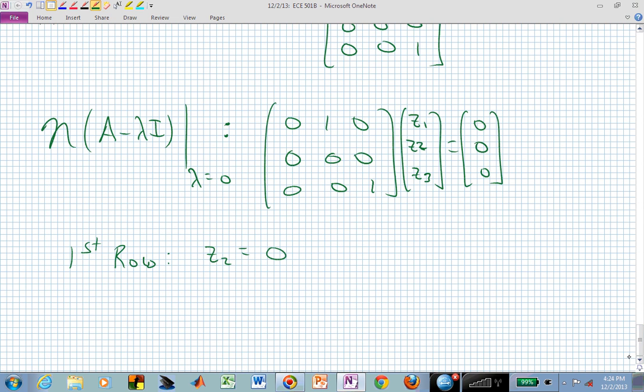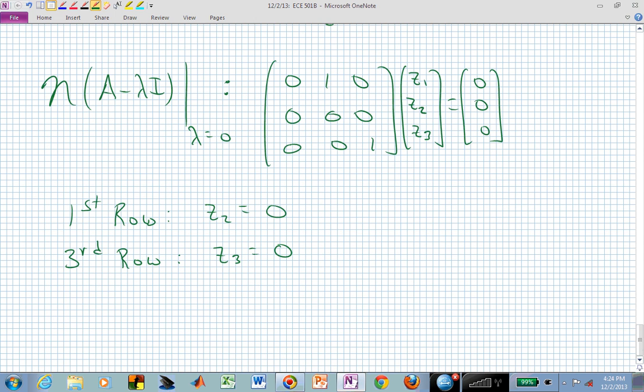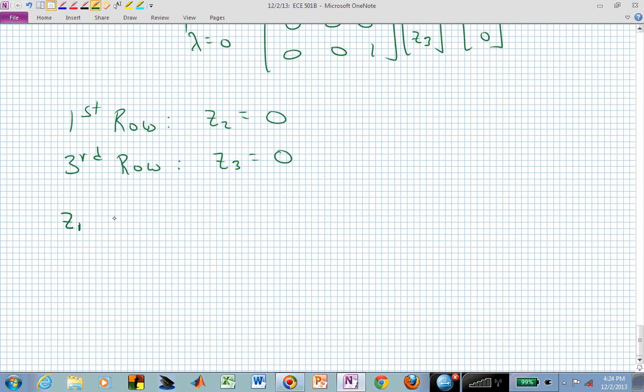If we look at the third row, z3 is equal to 0. What about the first coordinate? If we look at the first column of this A minus lambda I, it's all 0, so z1 could be anything and give us a 0 in the right-hand column. So z1 is arbitrary for this particular null space computation. z1 is anything.